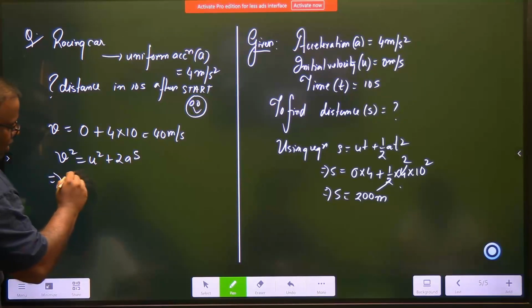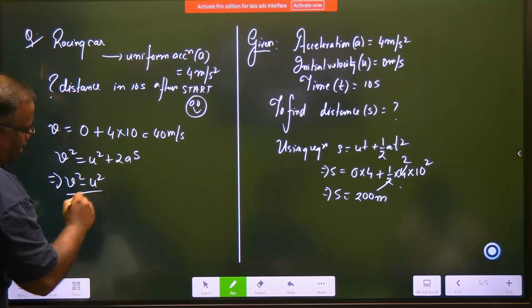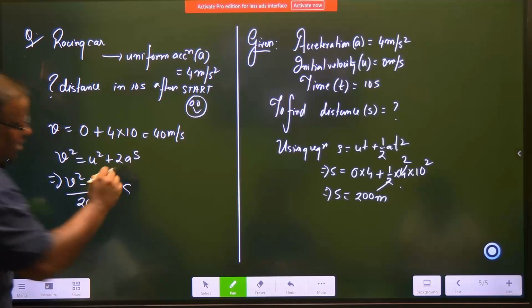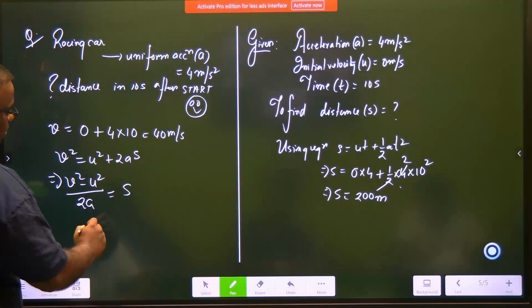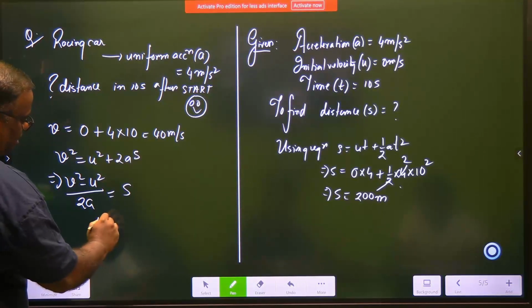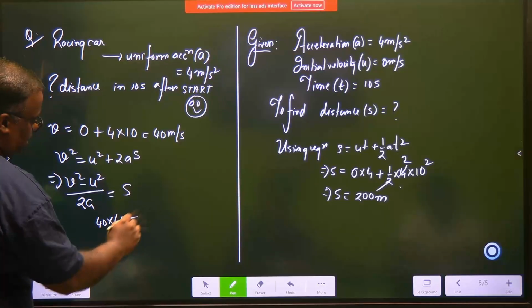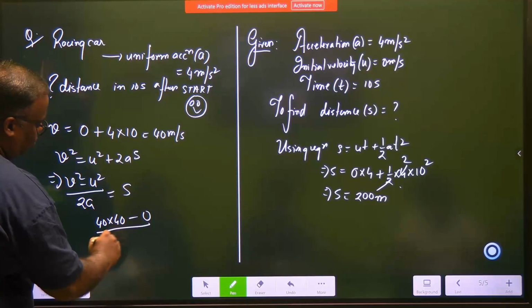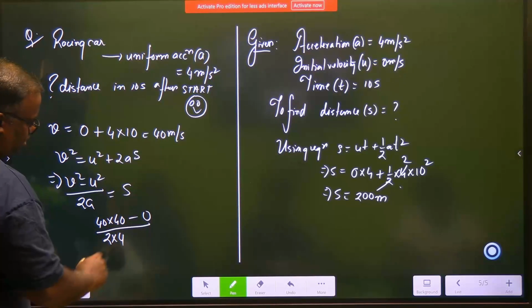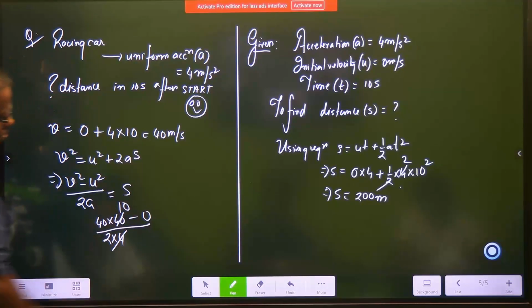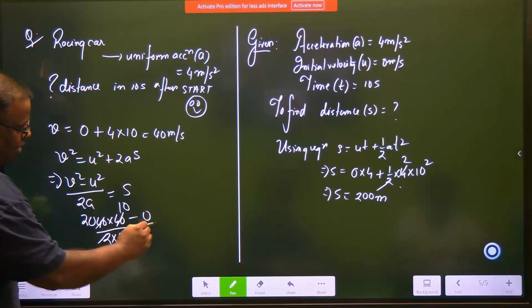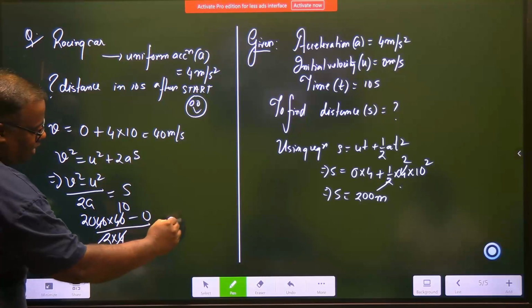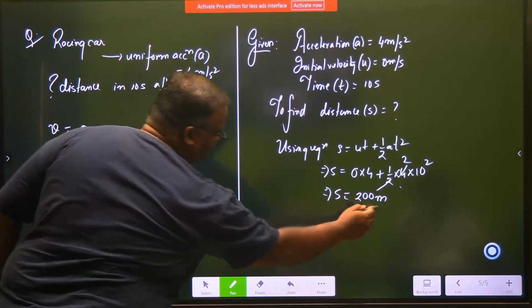Which means V square minus U square divided by 2A should be giving me S. What is the value of V square? 40 into 40, which will be 1600, divided by 2 into 4. 4 cancels this as how much? 10. And 2 cancels this as how much? 20, which is equal to 200. And our answer exactly matches.